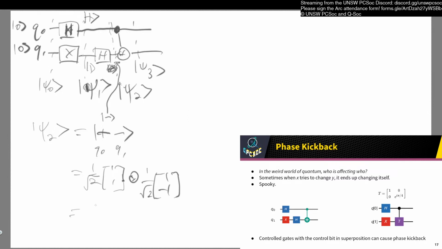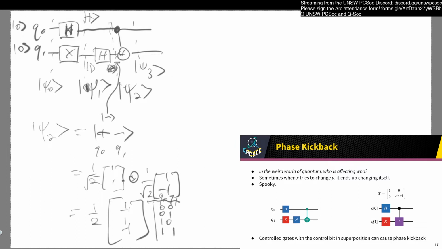This will be equal to 1 on 2, 1, minus 1, 1, minus 1. The very powerful thing about the density vector is that it means something very important. Let's put on our training wheels and annotate this. This is the coefficient for 0 0, this is the coefficient for 0 1, 1 0, and 1 1.